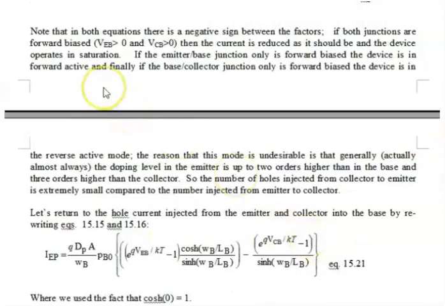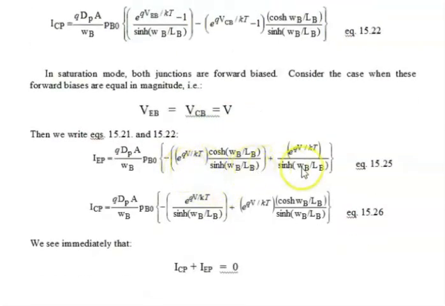Yeah, if both junctions are forward biased, and we're going to say that the forward bias is the same at both the emitter base and the base collector junctions, and it's equal to V. So we just basically put that into 15 and 16, and we get immediately that they are exactly the same except for a difference in sign, and that exactly makes sense.